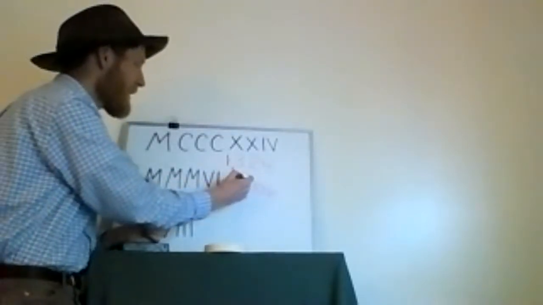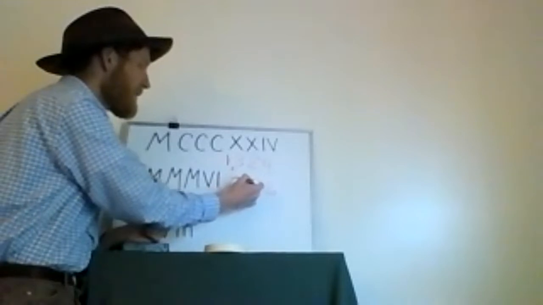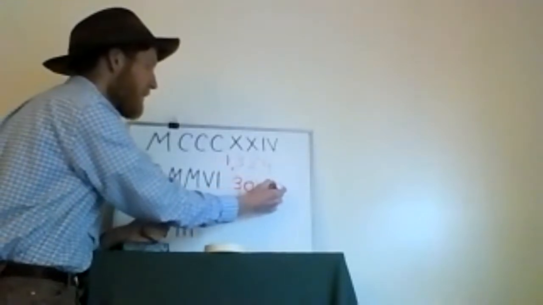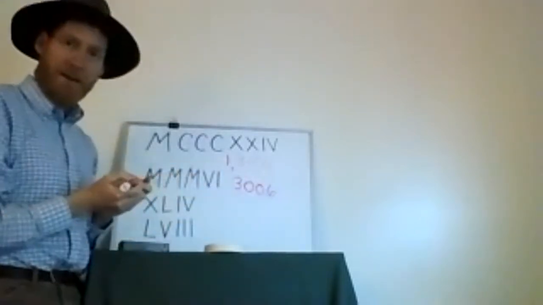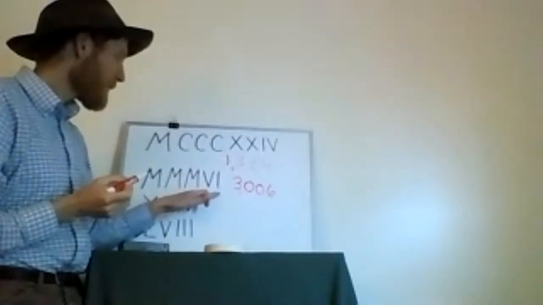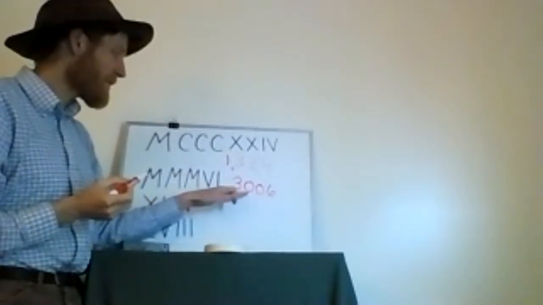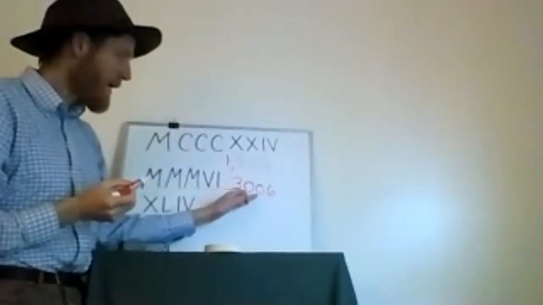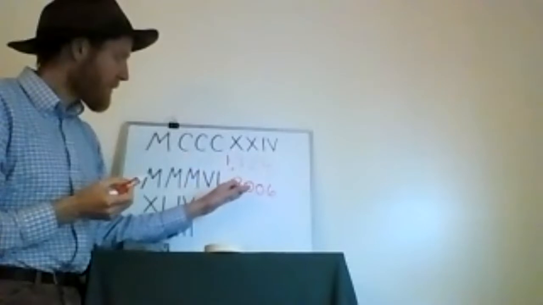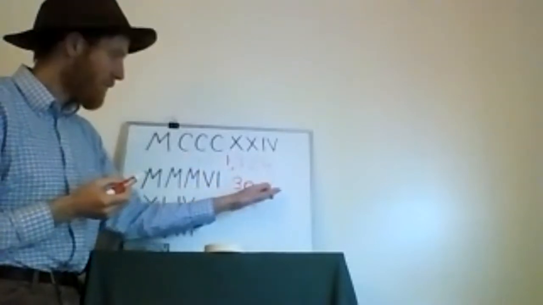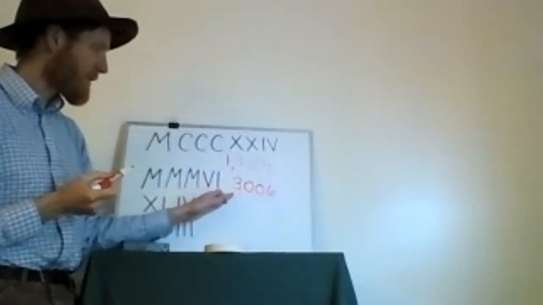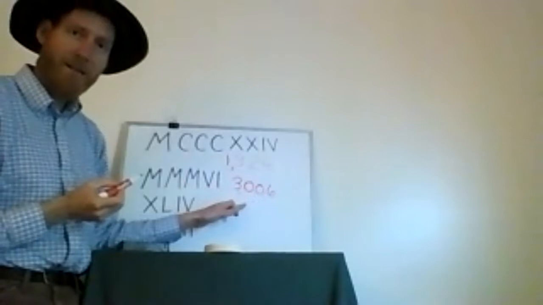Notice it's 3006 for your answer. So make sure there's a placeholder. You can't just put 3000 and put a 6. You have to put zeros for the place value. Ones, tens, hundreds, thousands. There have to be 4 places there.